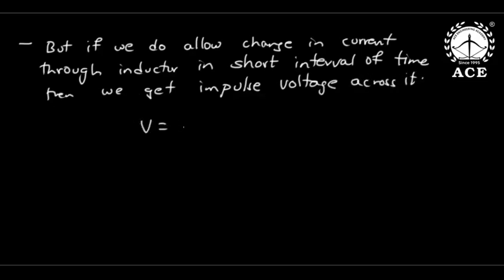Same formula, V is L di by dt. This dt is small, tends to zero. Then this becomes impulse voltage. That is the meaning.